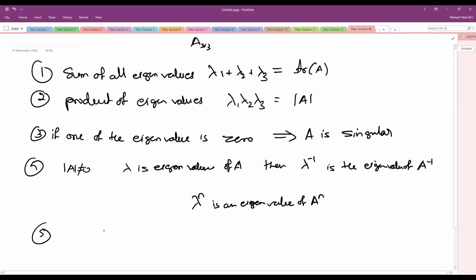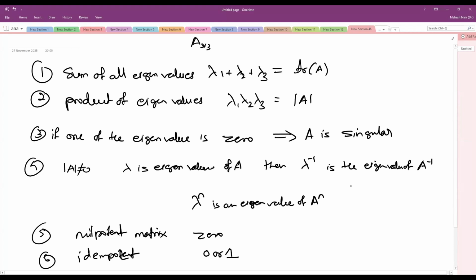For a nilpotent matrix, the eigenvalues are 0. If we are dealing with a triangular matrix, then the eigenvalues are the diagonal elements. For an idempotent matrix, the eigenvalues are 0 or 1.